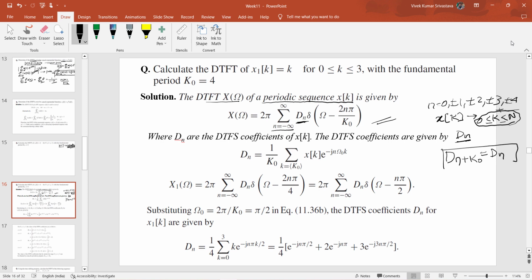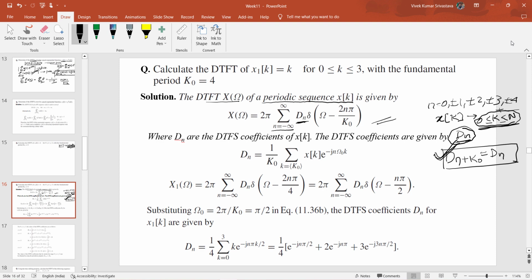By using this expression, you can evaluate the remaining values of dn. It means that we only have to evaluate the value of dn within this interval, and the remaining values of dn can be evaluated by using this expression.